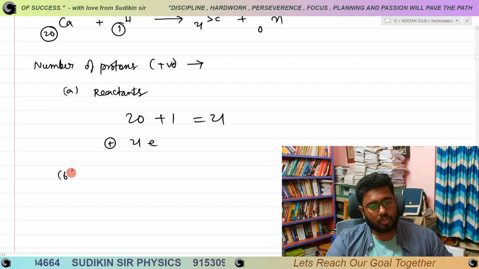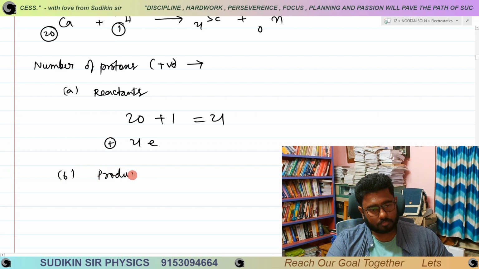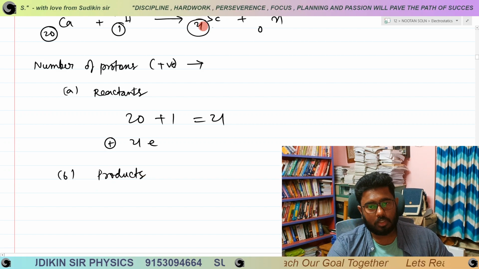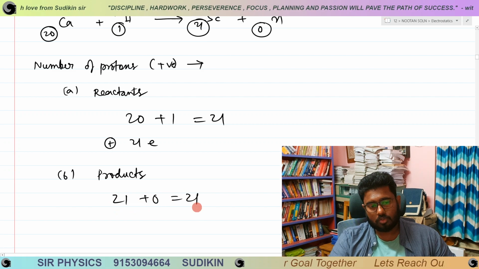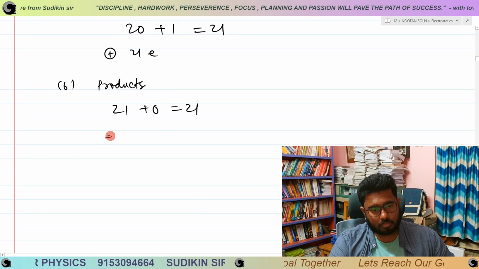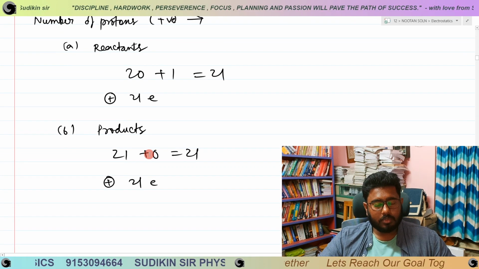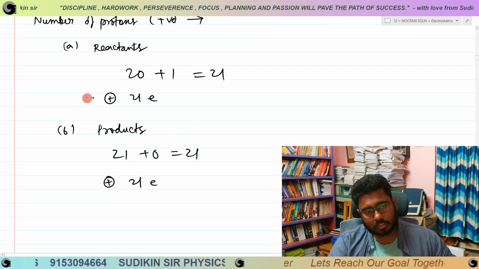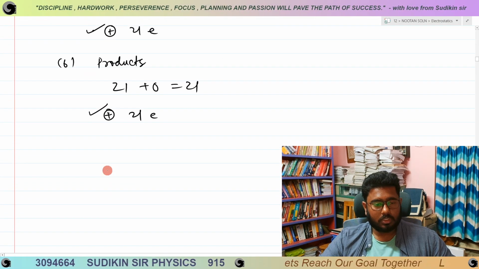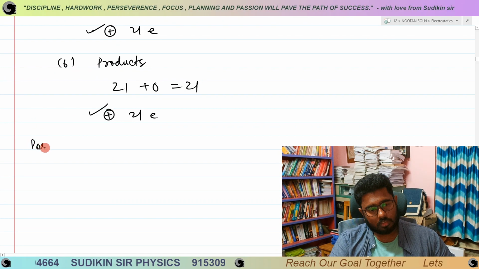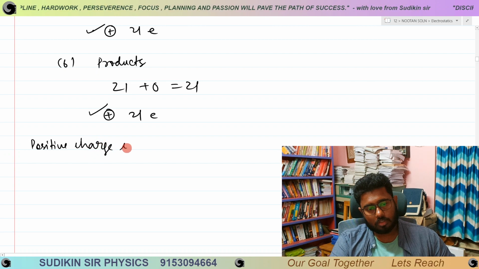The total number of protons in the products is 21 and 0, that is 21 plus 0, which is also equal to 21, so 21 times the charge of a proton. That means the total positive charge in the reactants and in the products are the same. So we can say that the positive charge is conserved.